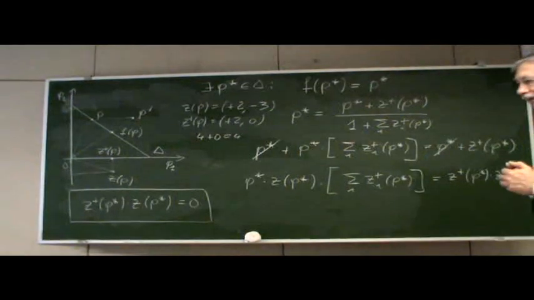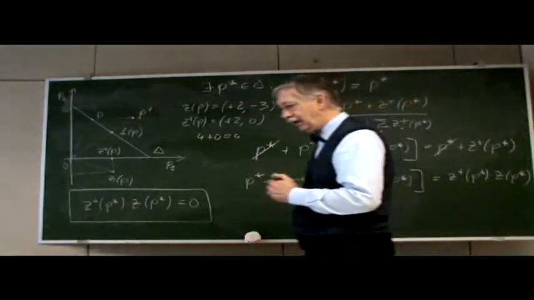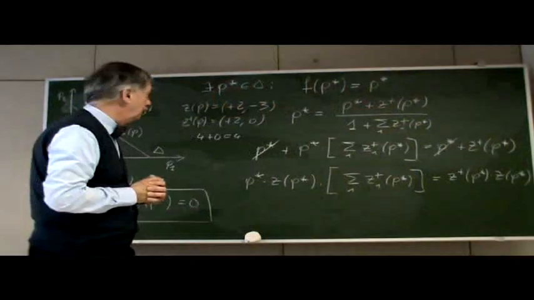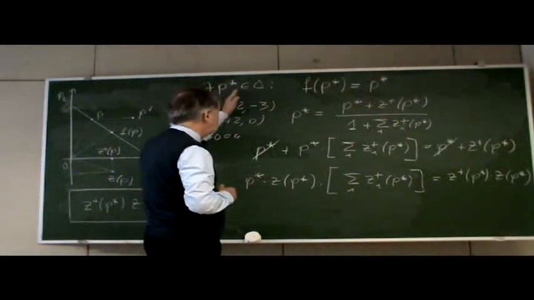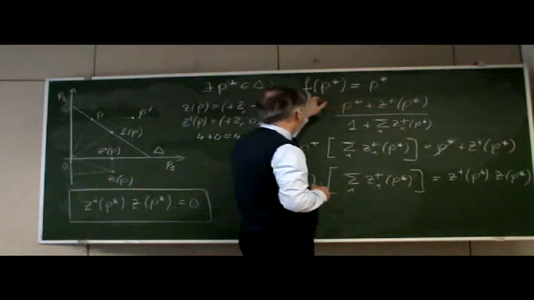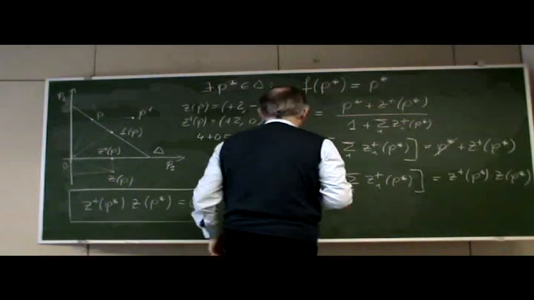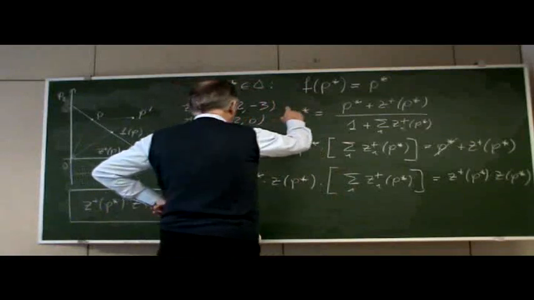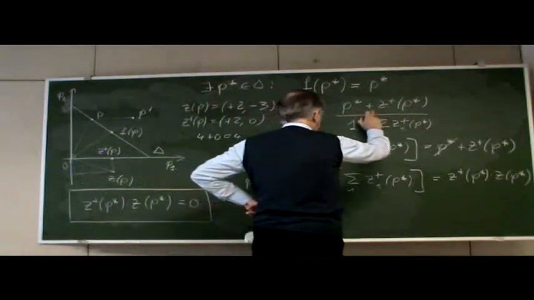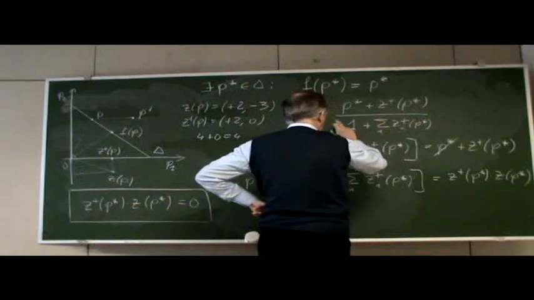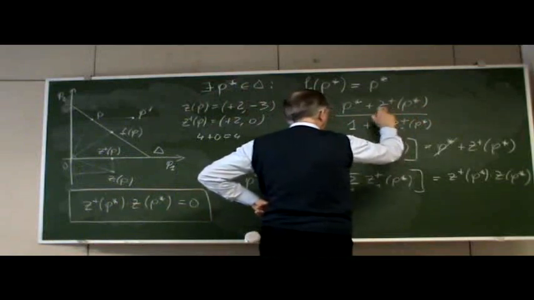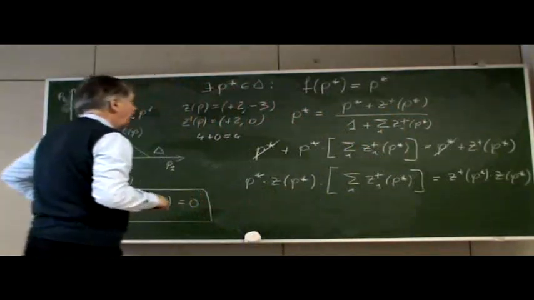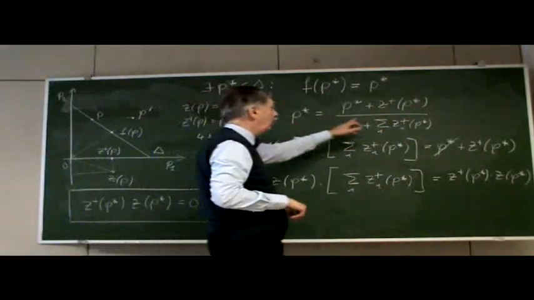So we can apply the fixed point theorem by Brouwer, and this means that there exists a P star such that the vector P star is equal to f of P star. Since f of P star is equal to P star plus Z plus of P star over 1 plus the sum of the components of this vector, you obtain this equality.